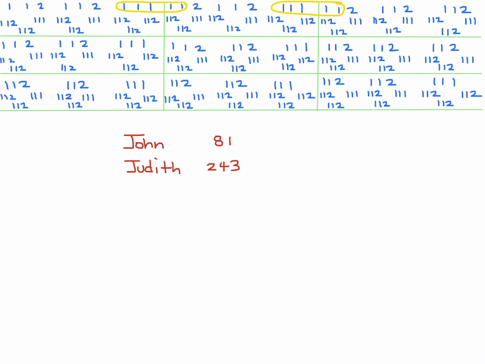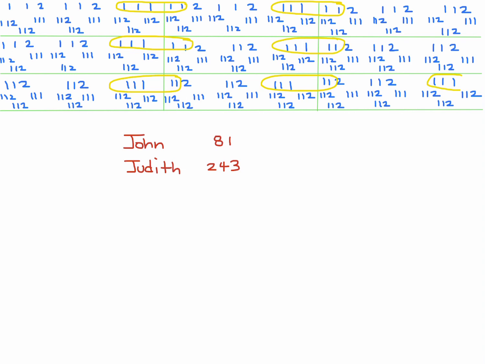This is for John, right? Not for Judith. So I've got 3, 4. Any more? 5 here. 6. And it looks like it's the start of another one, but we only have 6 full ones.